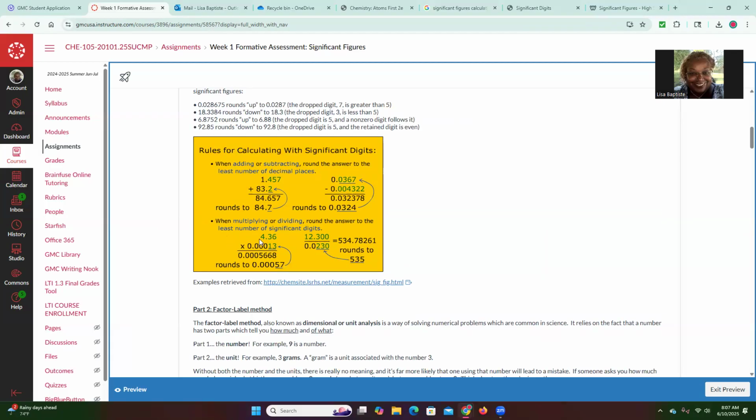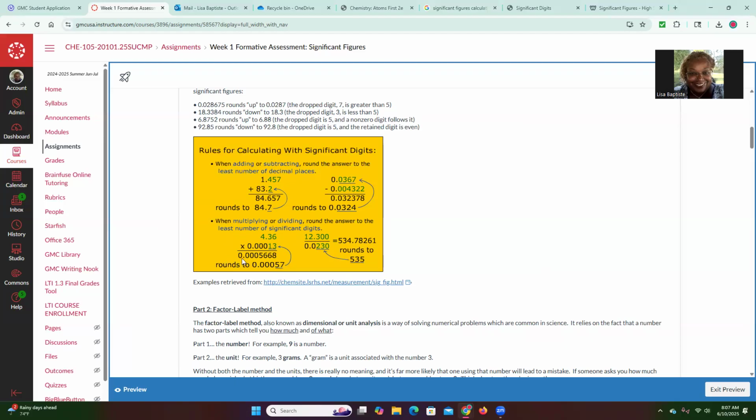Okay. With multiplying and dividing, we have our significant figures that we're looking at. So if we look at this one, we have 4.36, and we're multiplying it by 0.00013. 4.36 has three significant figures. 0.00013 has two significant figures. And so when we multiply the numbers, we want to round to the least, which is two significant figures.